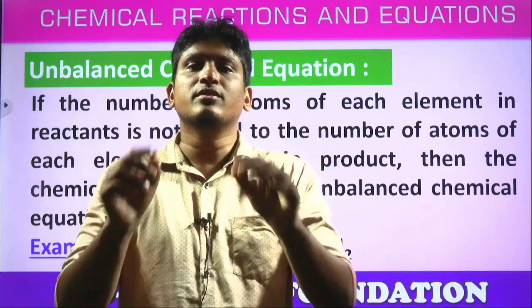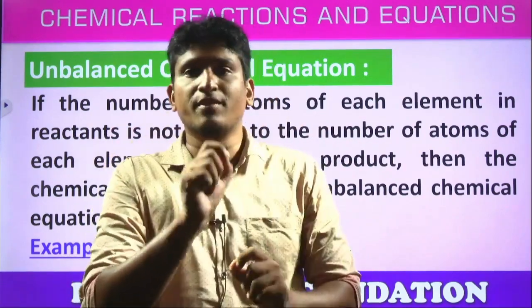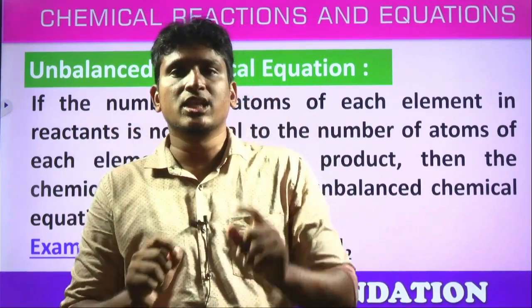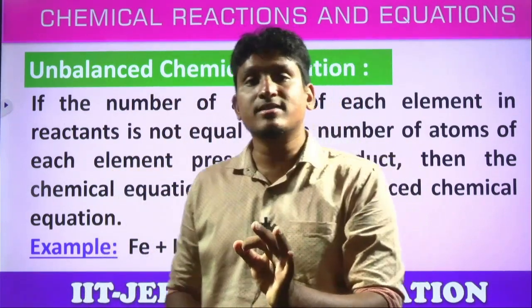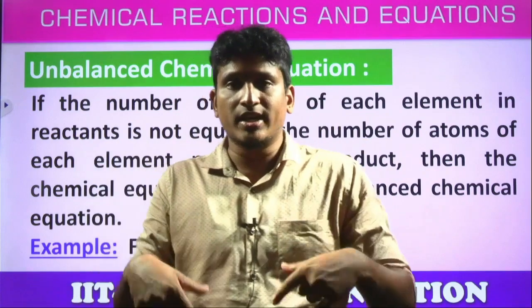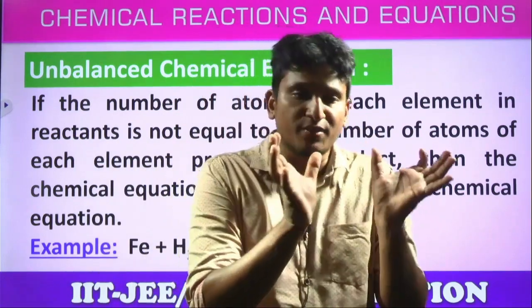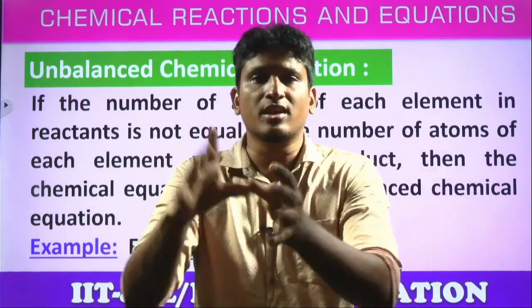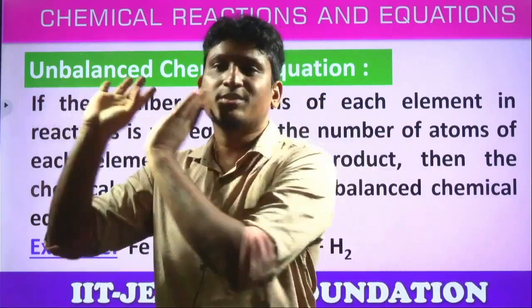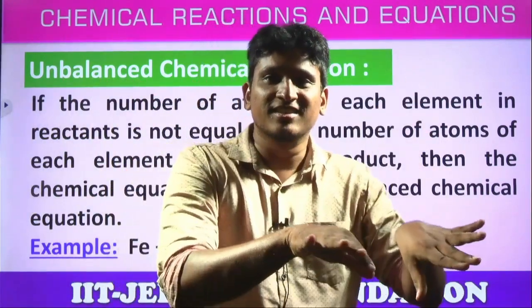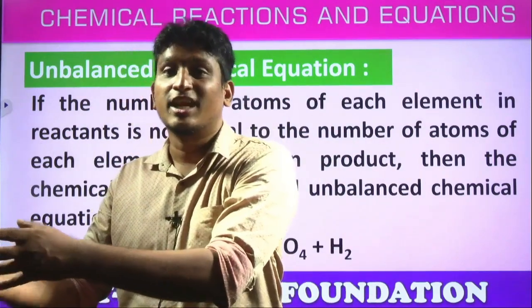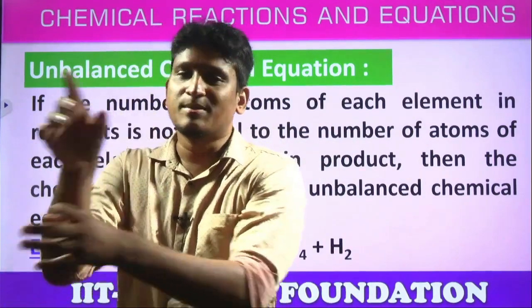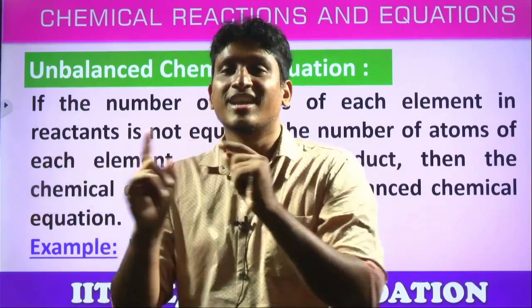Without mentioning the specific number of atoms in the chemical reaction, that reaction is called an unbalanced chemical reaction. If you are not mentioning the specific number of atoms of each compound, simply representing the compound, that's it. This is produced, that's it. How many of this reacting with how many of this, and producing how many of that? If you mention that, it is balanced. Simply mentioning the formulas, that is unbalanced.